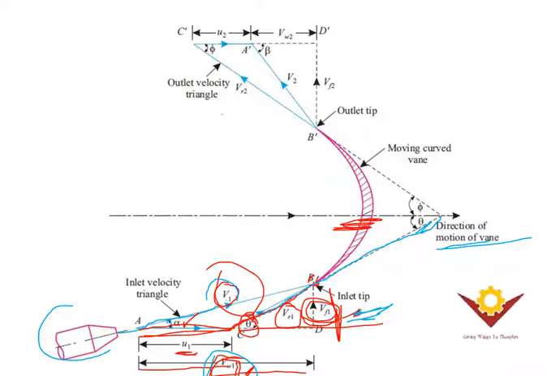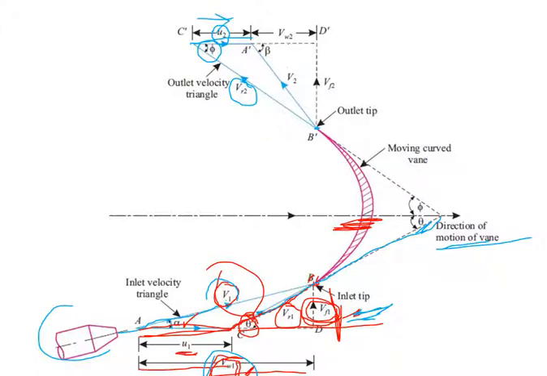And now these are the outlet velocity triangles, and this is your outlet tip. And now what you're going to get is here the relative velocity Vr2, and this is your phi, that is the angle by which the relative velocity is making with the horizontal component, and that is your outlet blade velocity, and this u2 is the blade velocity in x direction.